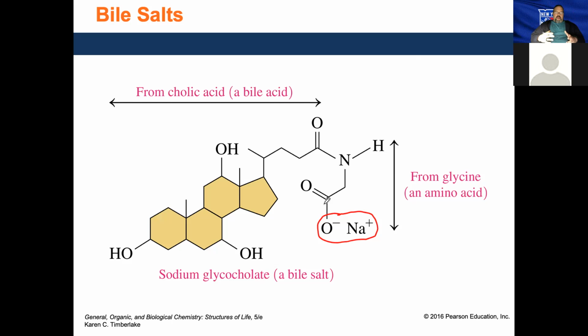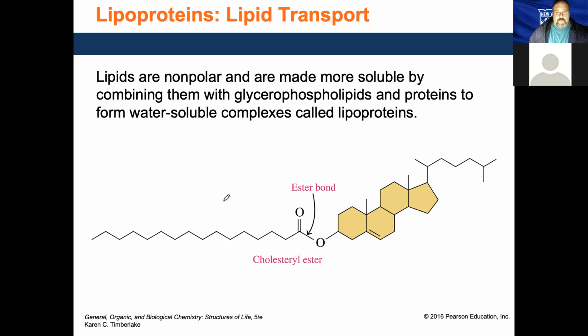And a lot of times in these bile salts, you'll have some sort of counter ion, a cation, to be attracted to that O minus charge. That part is ionic and polar. So your bile salts are able to interact with both polar and non-polar substances. But the steroid nucleus is here, and that's exactly why it's classified as a steroid.